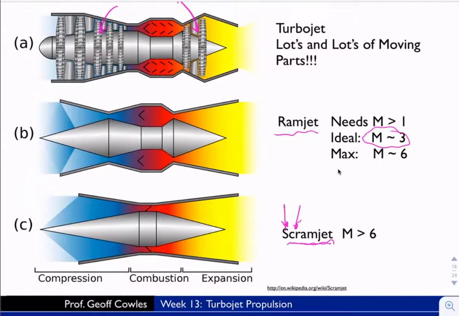And so the engines we see, like in the SR-71, are a mix of these and a turbojet engine, where you might have some ability to manipulate the geometry to make it useful when you need it to be useful and not really affecting things when you don't want it to be. And if you are interested in how we build these ramjet engines and make them useful, actually the SR-71 was a ramjet engine.